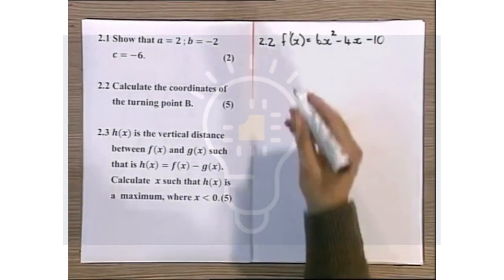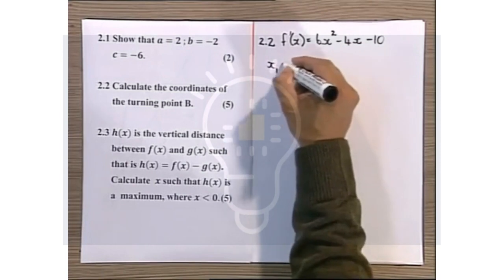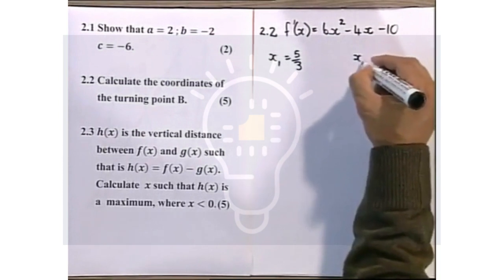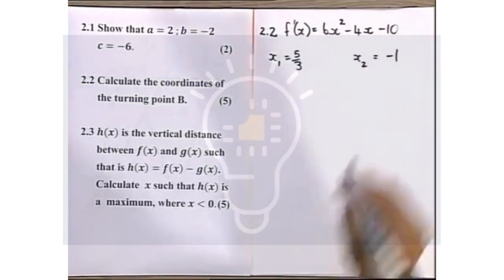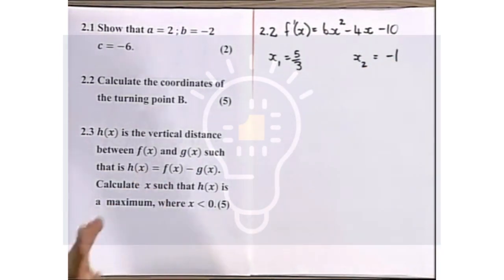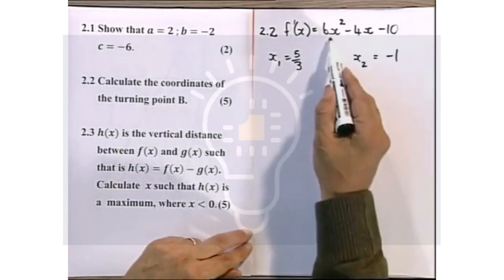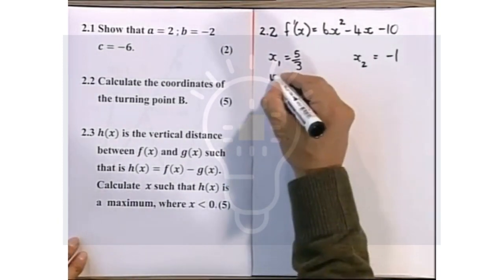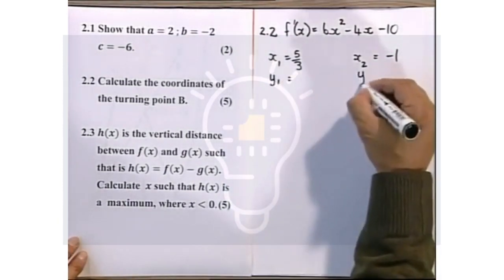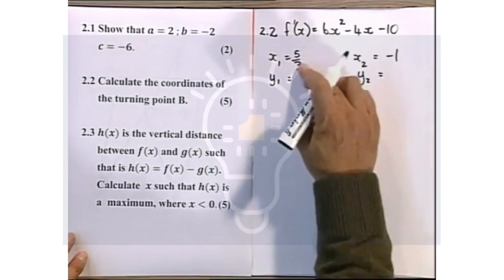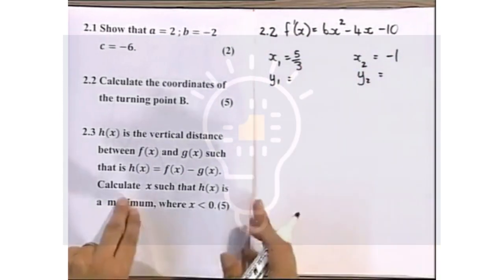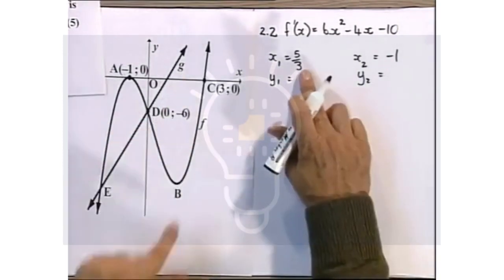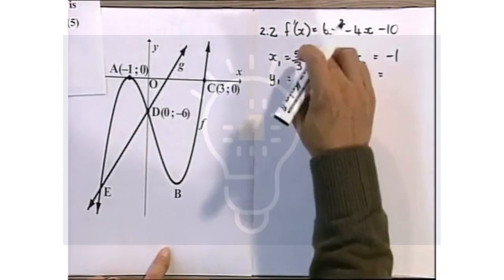And if we do that, then our x1 value is going to be 5 over 3, and our x2 value is going to be negative 1. Now, guys, I'm going a bit fast, but remember the understanding. You need to put this equal to 0. You factorize. Those are the two x values. How do I get my corresponding y values? I substitute that into the original equation. But because of where point B is, can you see point B is a positive x value, which is this 5 over 3.